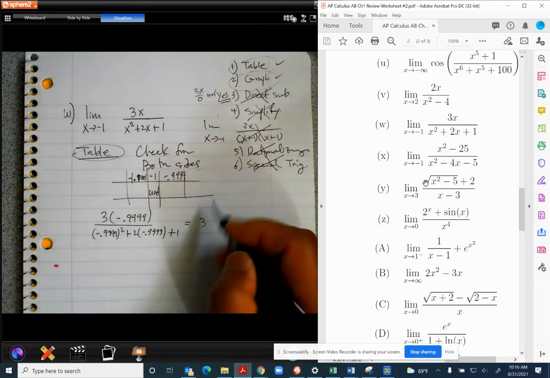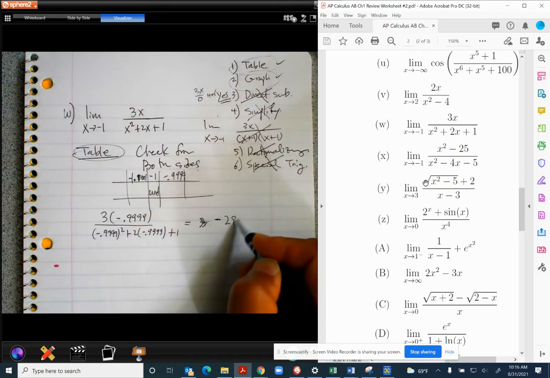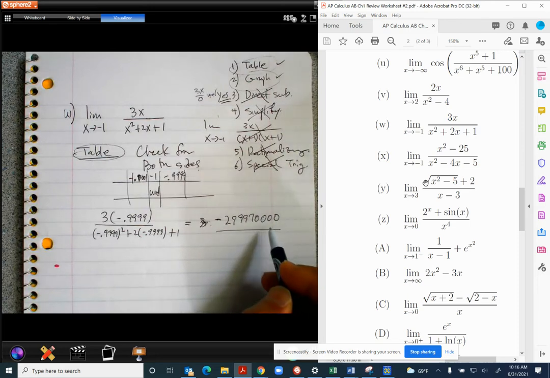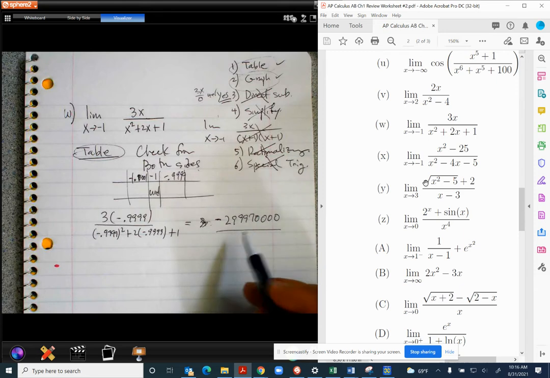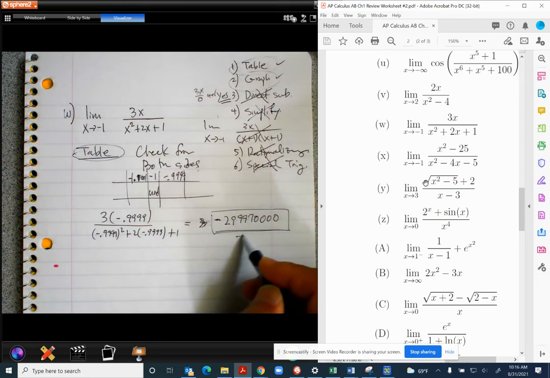Okay, I get negative 2,999,700. Okay, how many of you guys got that? Yeah? Okay, so what does this mean? It doesn't mean that's your limit. It just means that you have to know that this is negative infinity.